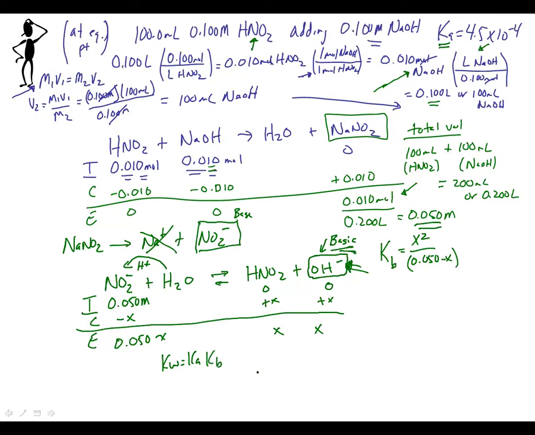And the Kb would equal 1 times 10 to the minus 14, which is our Kw value, divided by 4.5 times 10 to the minus 4, which is our Ka value that was given to us in the problem. Gets us 2.22 times 10 to the minus 11.